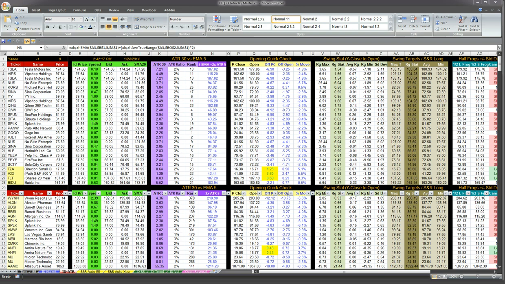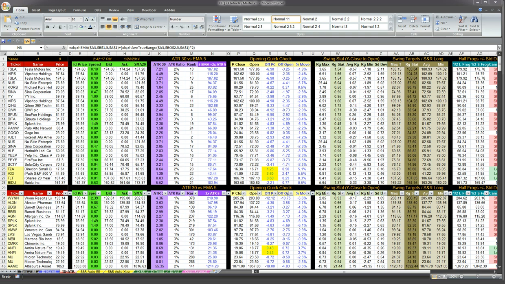This next one is a little different. I take the 5-day moving average, and to that I add the average true range of 5 days times 2. So the average true range for 5 days, not 30.